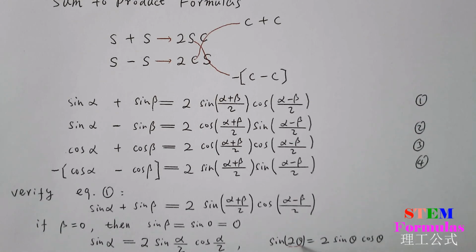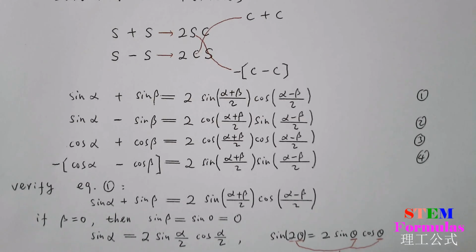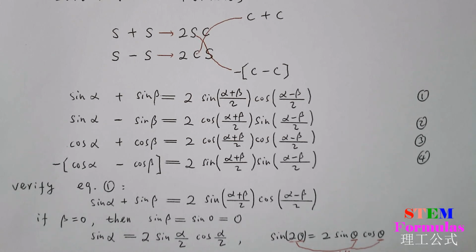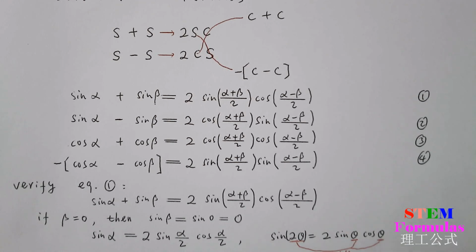This argument of sine is double this angle, and in our formula here, this angle is double this angle.